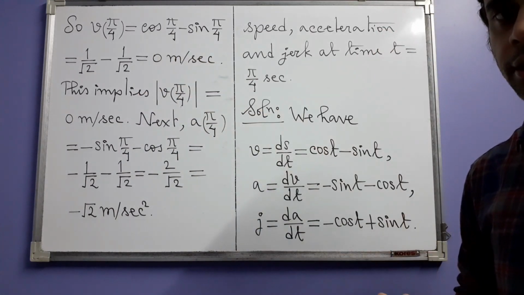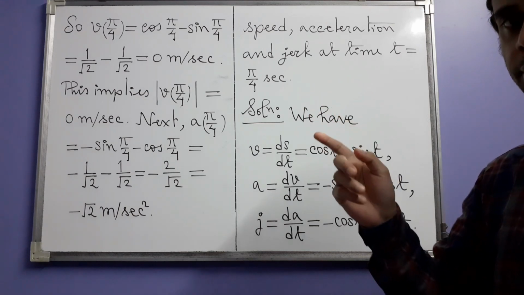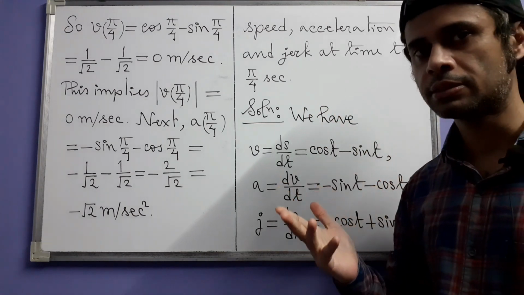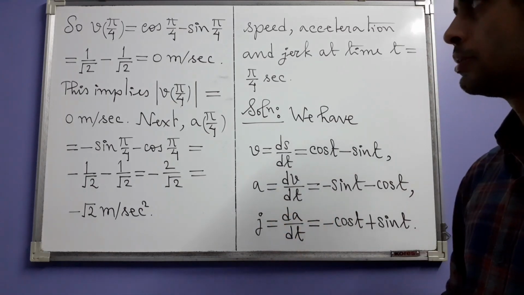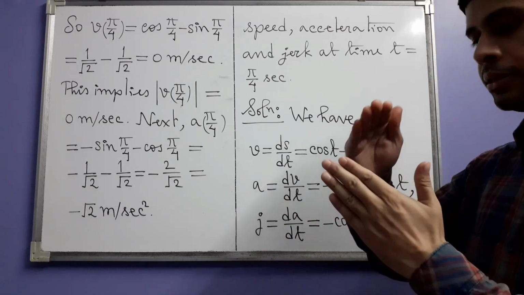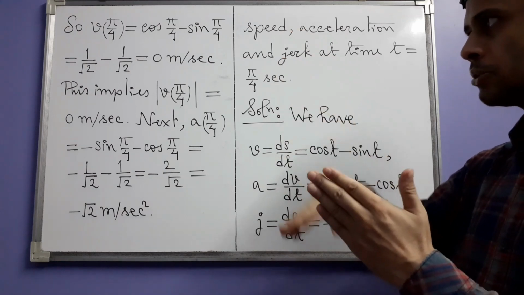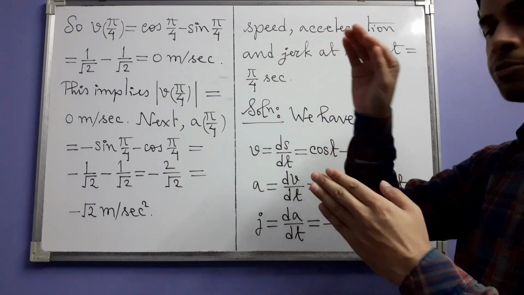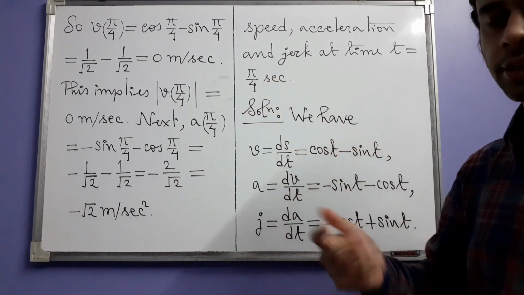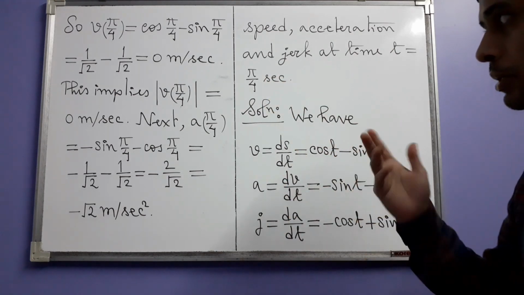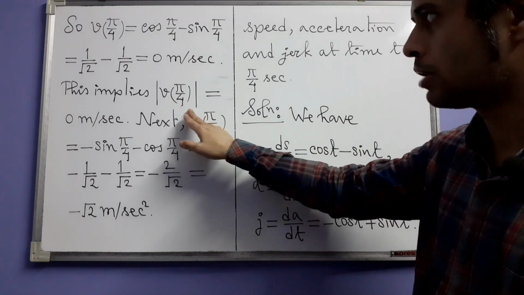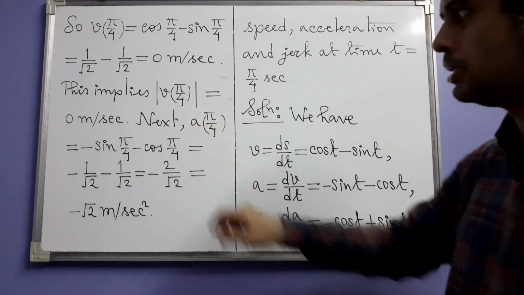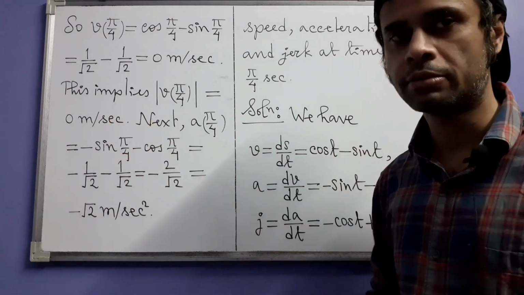Do not forget the unit, because it's given in the statement of the problem that S is being measured in meters and t in seconds. So there is no velocity. At that instant, whatever simple harmonic motion the body is undergoing, momentarily it is stopping and then continuing. And that implies what? The absolute value of velocity is speed, because we have to calculate speed also. That is also 0 meter per second.